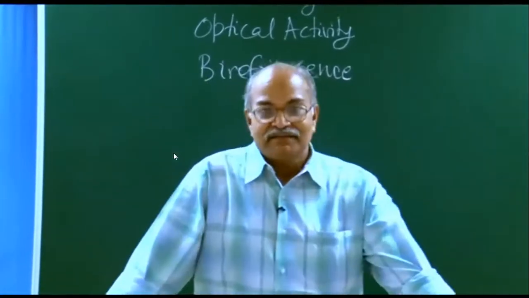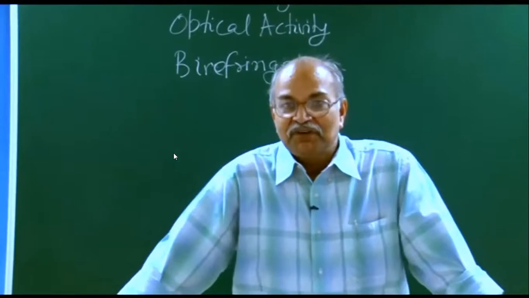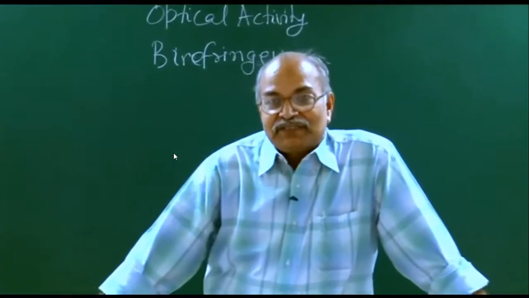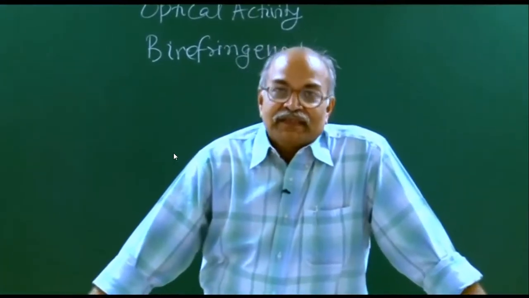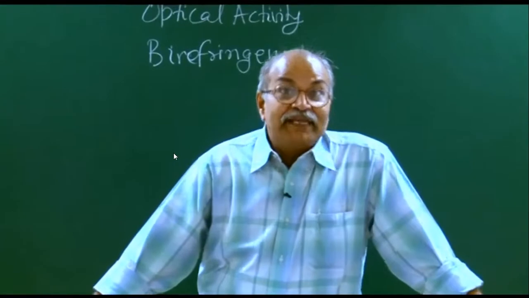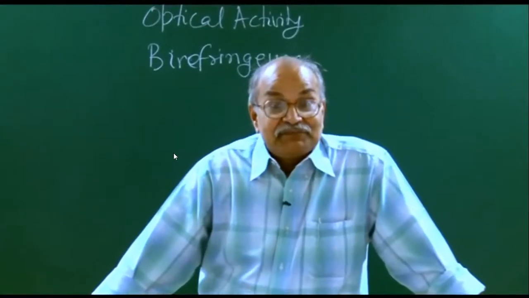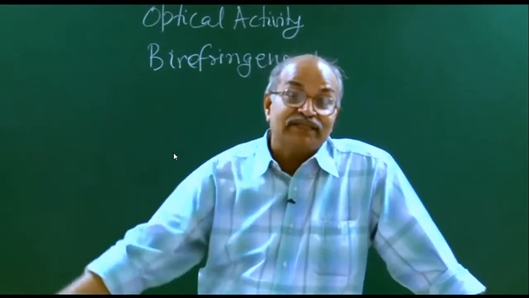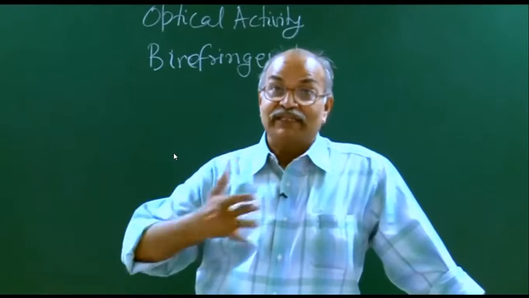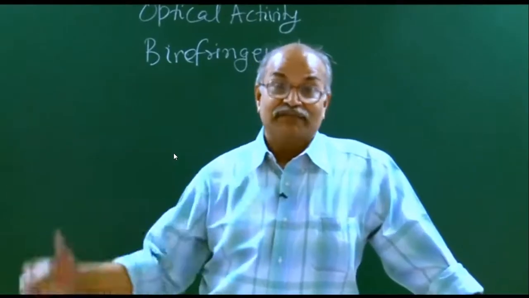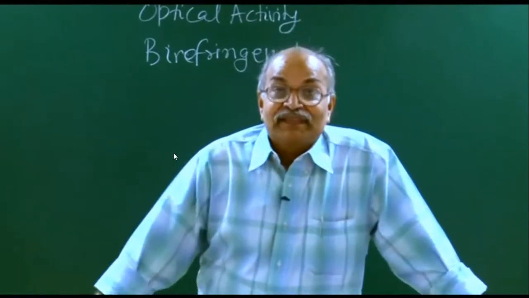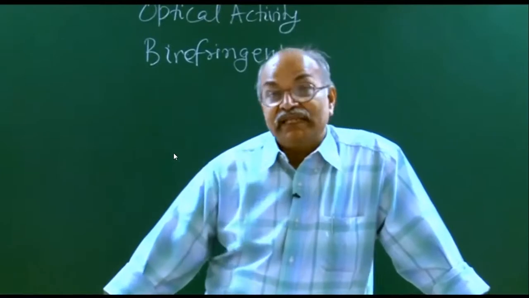Scattering of light you must be aware of from school days. In the morning everything is lighted. Even before sunrise you find that everything is lighted and you know that this is the morning. So how does everything become lighted?